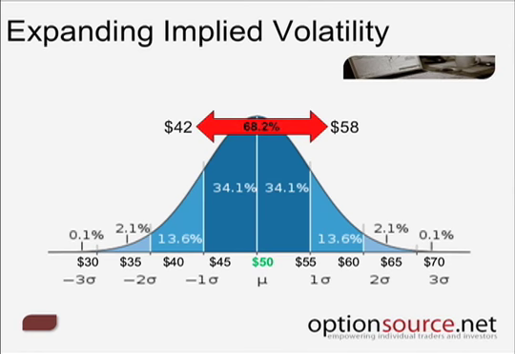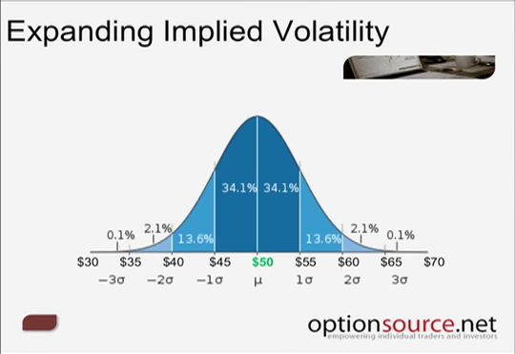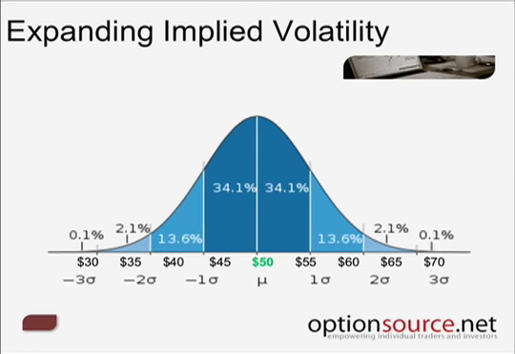But once again, as that volatility expanded, so I'll just illustrate that again, as the market maker adjusted for that implied volatility, the price range or anticipated movement of that underlying security is now increased, and the market maker assumes that within the time frame of the option, there is a high percentage probability that it is going to be between, in this case, 42 and 58.